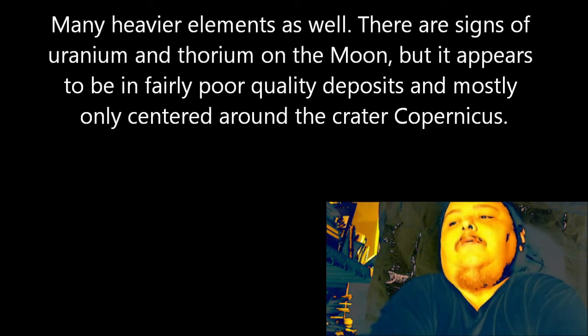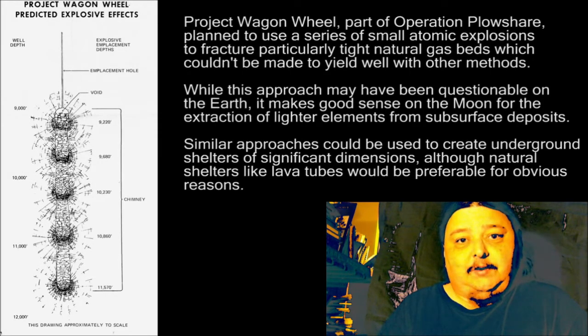One potential way of ameliorating this is, we don't know what kind of subsurface deposits there are on the moon. For instance, we could do a process similar to what they do with natural gas drilling here on Earth, which is we drill down, fracture the rock with either explosives, or you could even use nuclear explosives, and see what comes up the pipe.